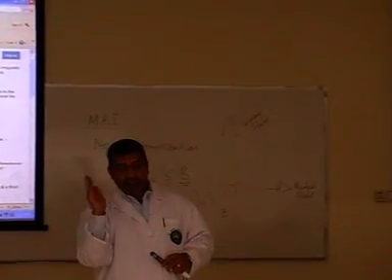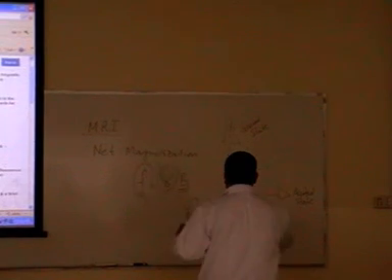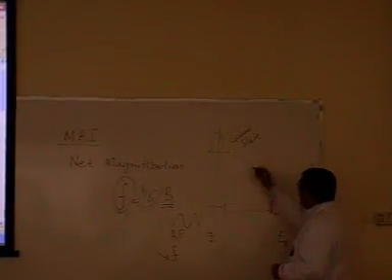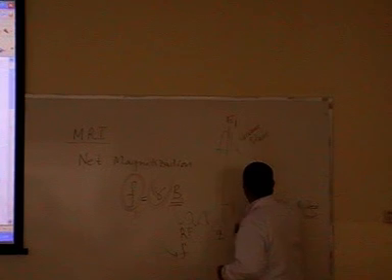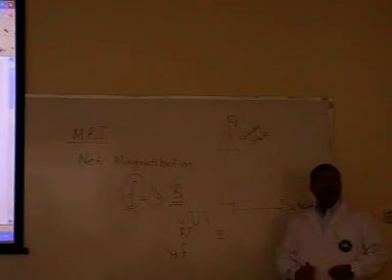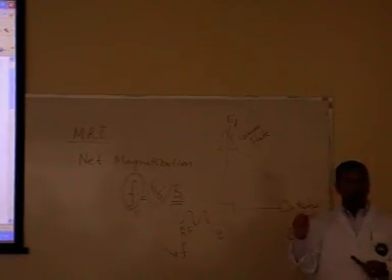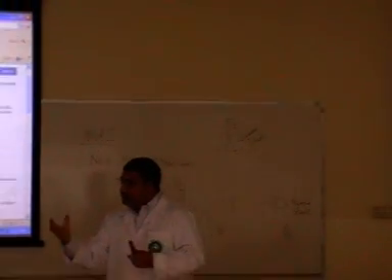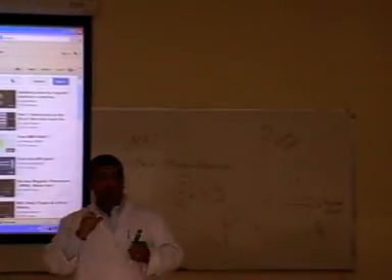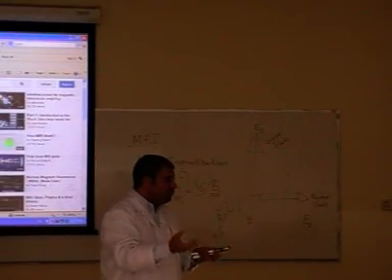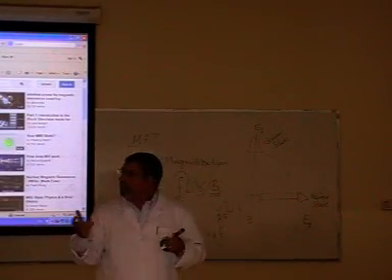It will relax. Remember, let's just put some numbers here. This is the excited state, let's say E2, and this is E1. When it goes from E2 to E1, it's going to give off energy, in the form of electromagnetic energy.